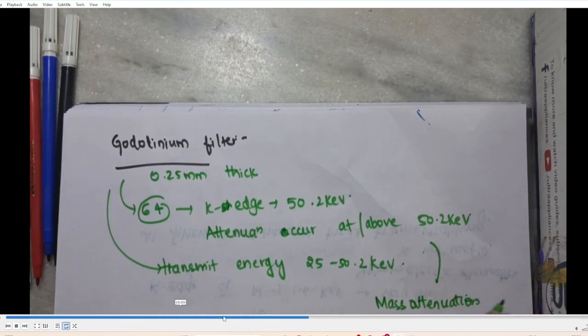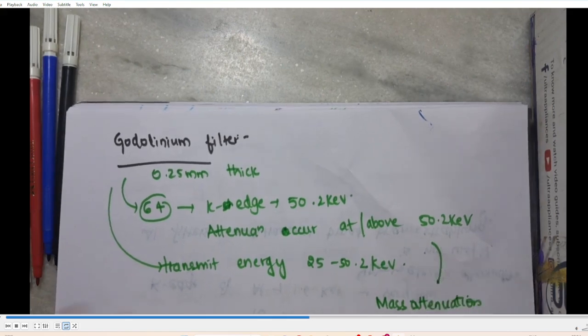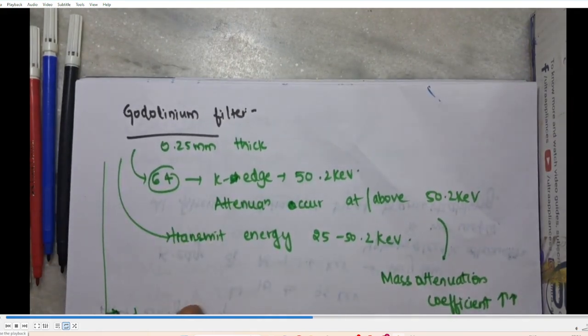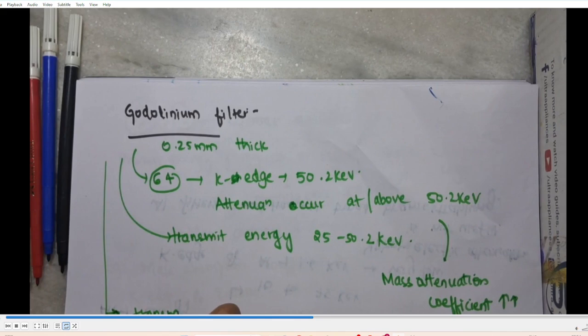The mass attenuation occurs at or above 50.2 kilo electron volts by the photoelectric effect. If you see, the gadolinium filter transmits an increased number of photons from the energy range of 25 to 50.2 kilo electron volts.